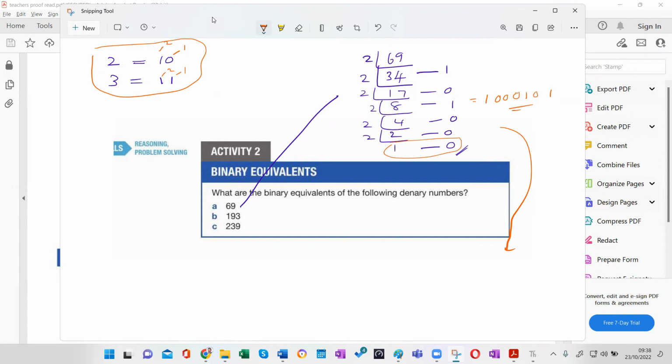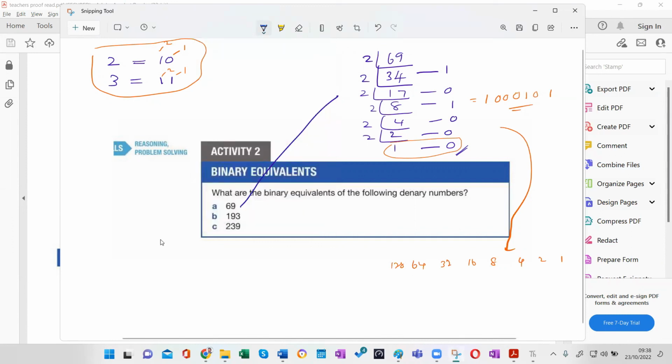how do you do it? You write the positional values 1, 2, 4, 8, 16, 32, 64, 128. As a habit, you use all 8 bits, right? 69.